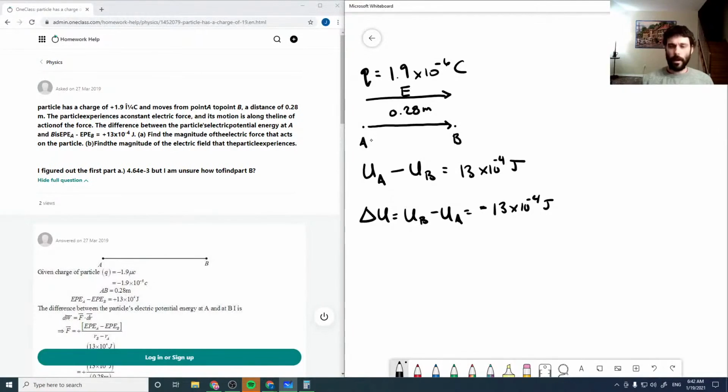So we're asked to find the magnitude of the electric force. I always remember this little square here. So in going from the potential to the force, we take derivatives with respect to distance, and in this case we can just leave it in one dimension because we're just moving in one dimension.